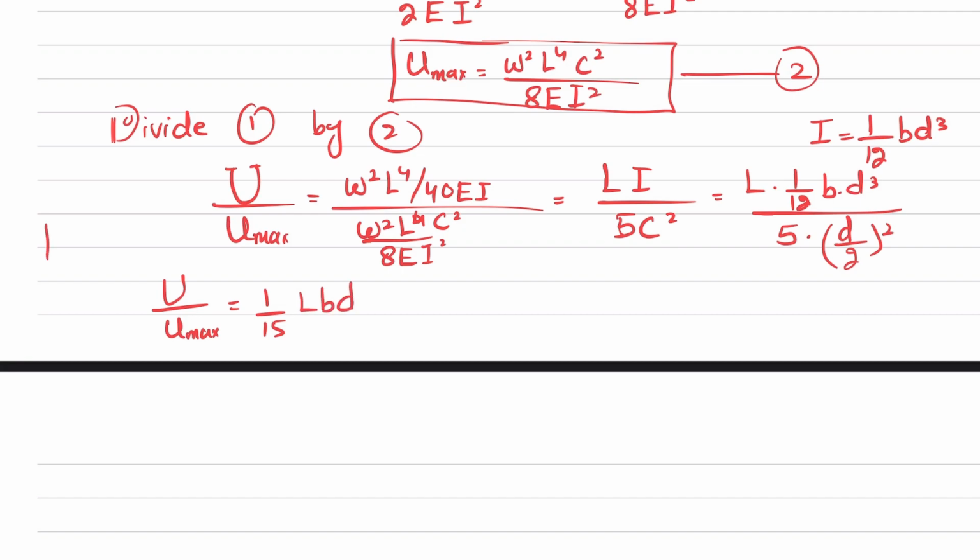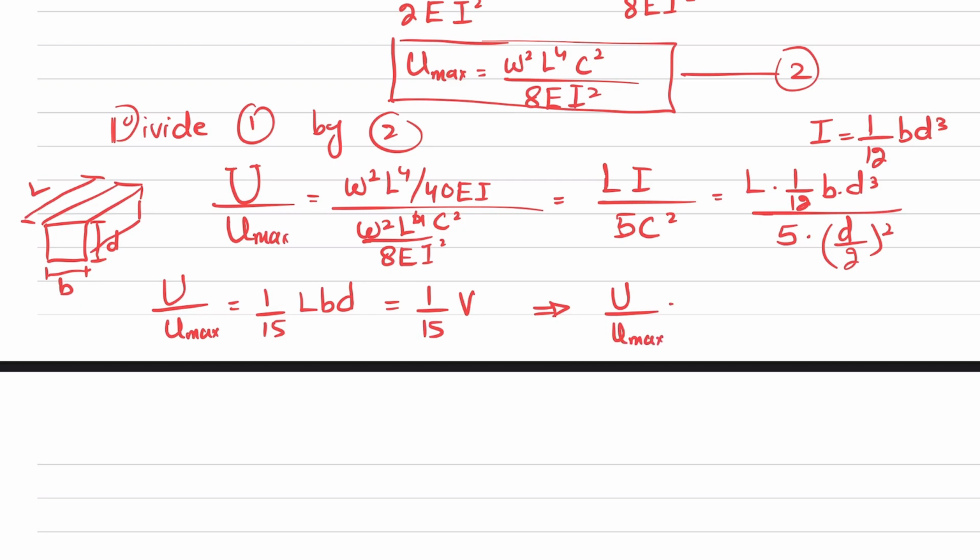LBD. So if this is the rectangular cross section, this is B, this is D, and this is the length L. So LBD is equal to volume, so it will be equal to 1 over 15 into V. Now we have this equation, U over Umax is equal to V by 15.